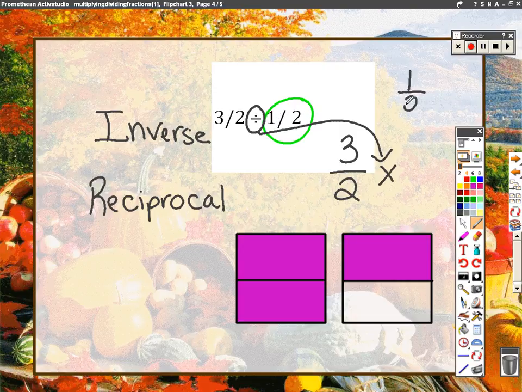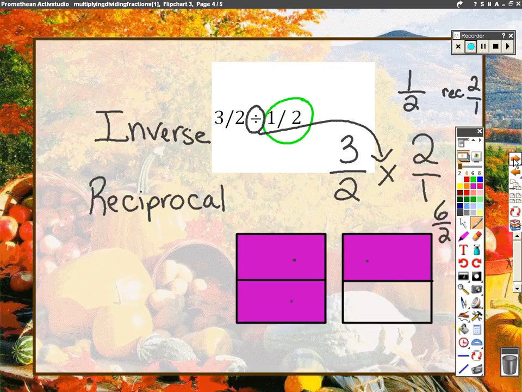So 1/2 was my original. My reciprocal is 2 over 1. And now it's just a multiplication problem, which you've just finished learning. So 3 times 2 is 6, and 2 times 1 is 2, so 6 over 2, and when I simplify that, I get 3. 1, 2, 3.